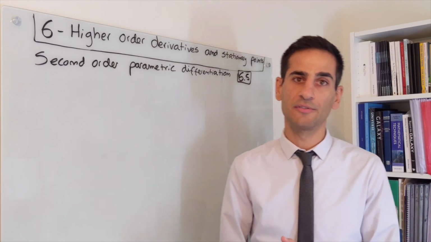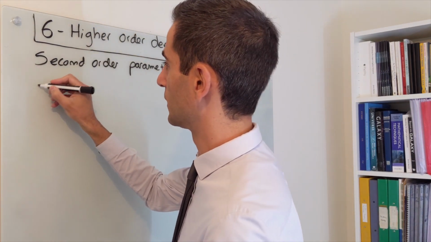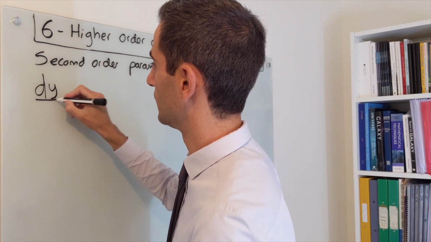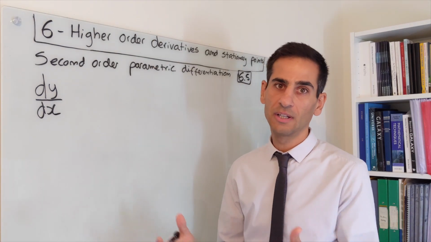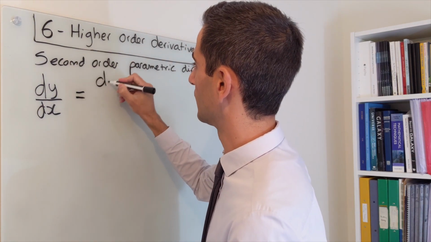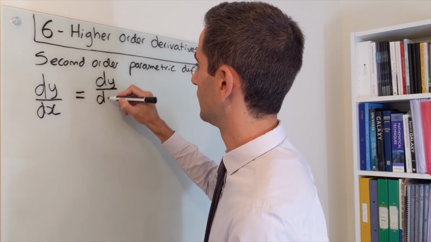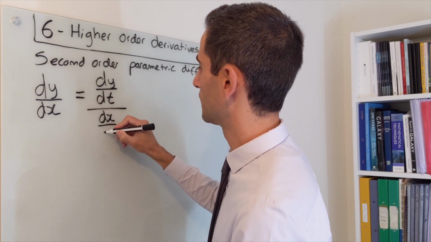If you remember what we've covered in section 5, you will remember that we can calculate dy/dx for a function that's defined in terms of a parameter, for example t, as essentially calculating dy/dt and then dividing by dx/dt.